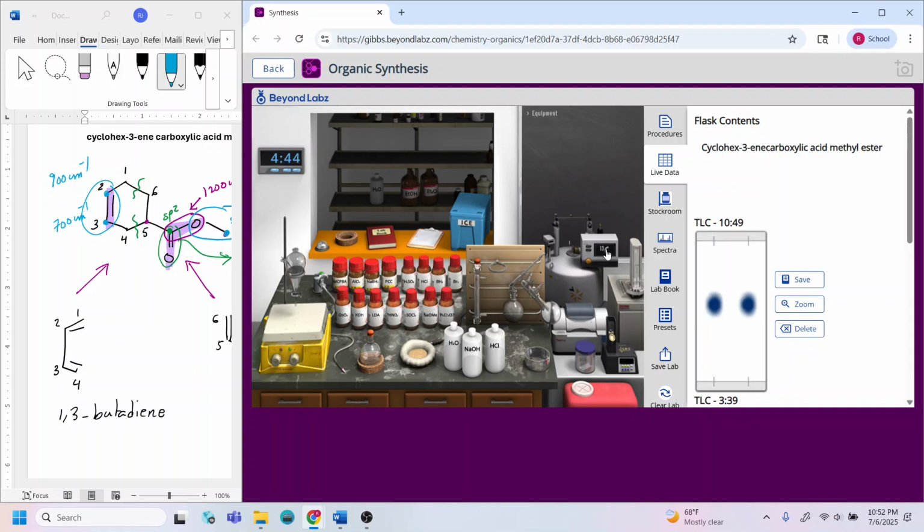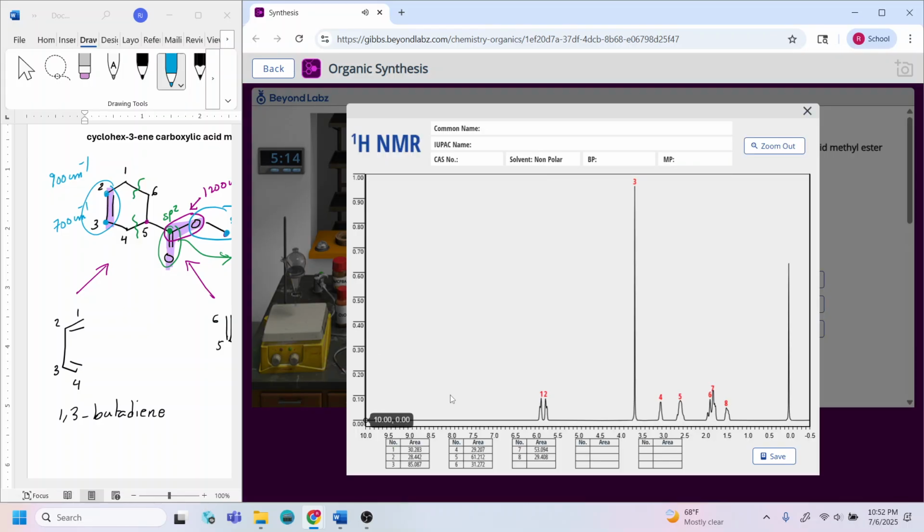Because it can switch. If you just tap on it, it's going to switch to carbon-13. So pay attention because carbon-13 has a bigger scale. It's from 0 to 200 parts per million versus the proton NMR, which is from 0 to kind of like 10 parts per million. Here it shows 10, but the actual scale is at 12 parts per million.